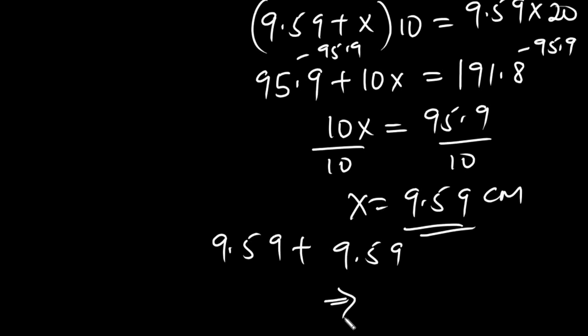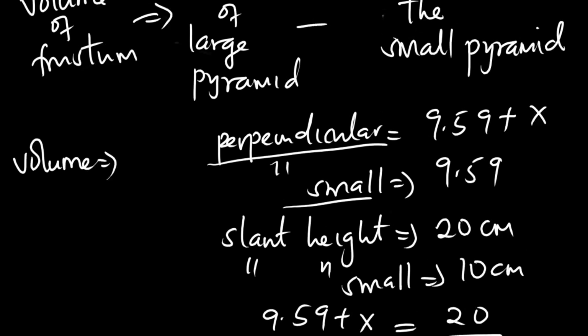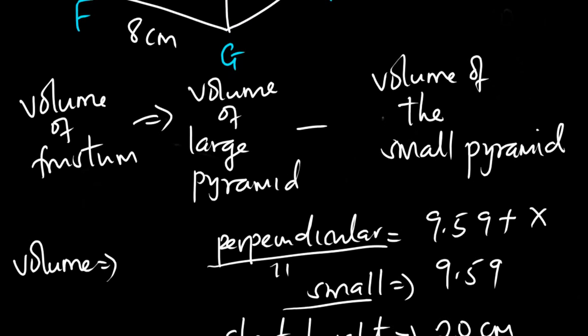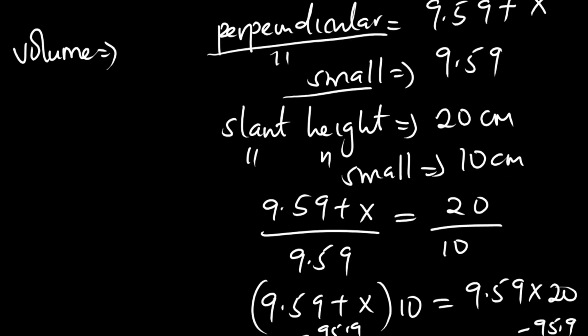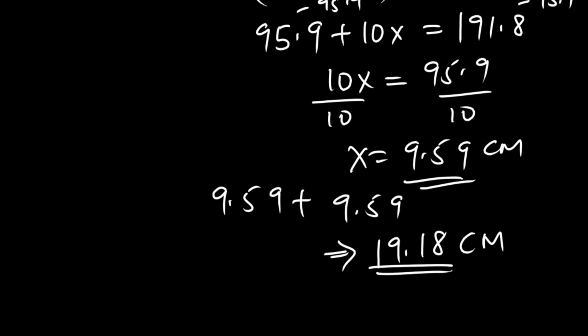This actually means that the pyramid was cut at the center, because the height has been divided twice, and it's going to be 19.18 centimeters. So that is the perpendicular height of the large pyramid. You will forgive me for this, I'm used to cones, but in this case we are talking about a pyramid.